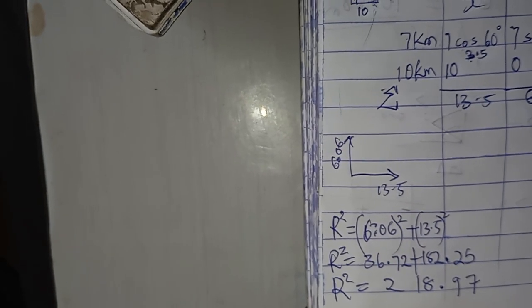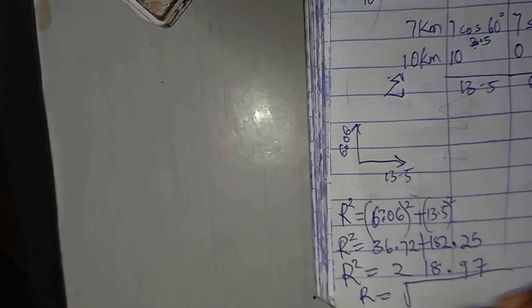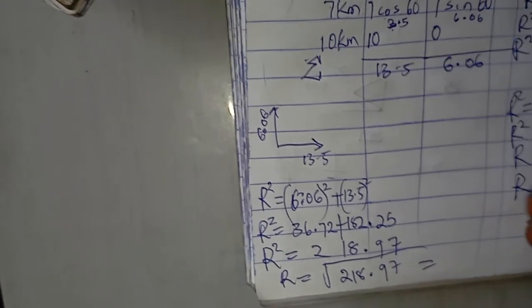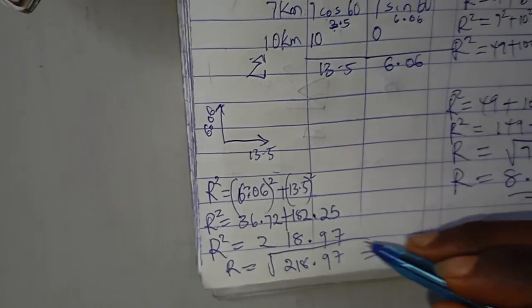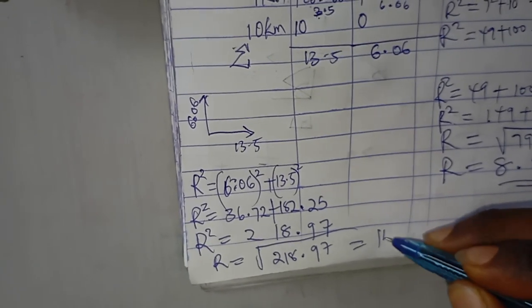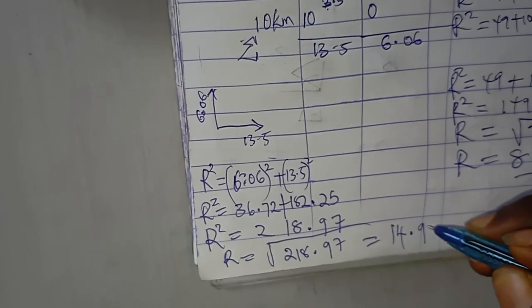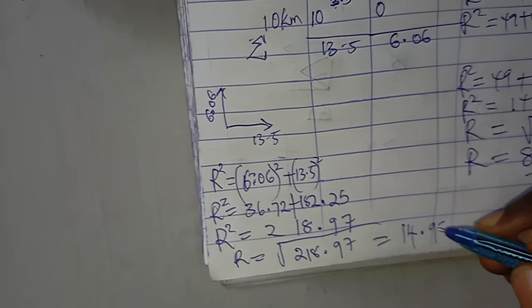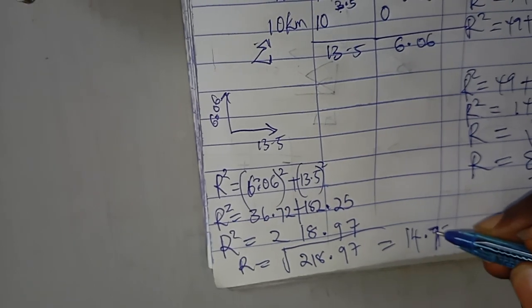So if we do r now, the square root of 218.97, we get 14.7, 14.8.